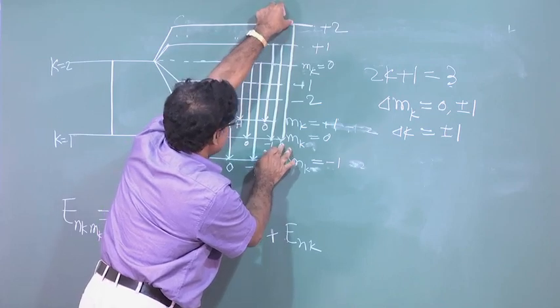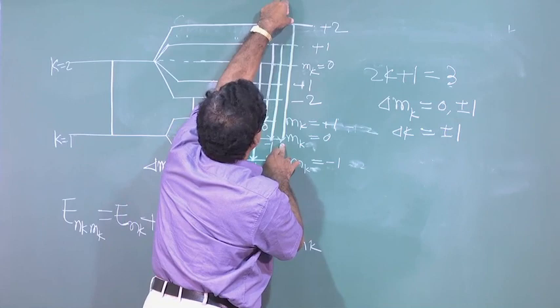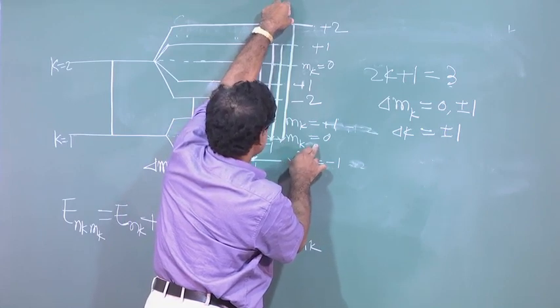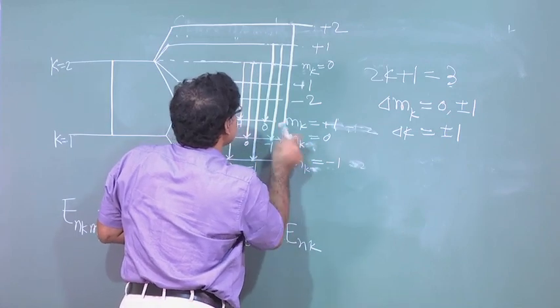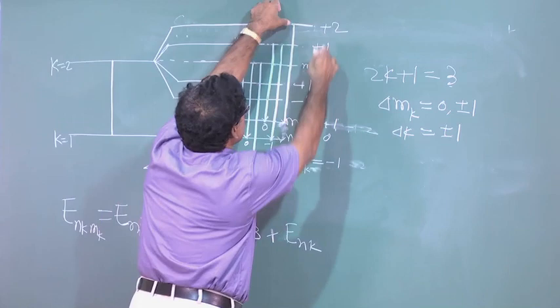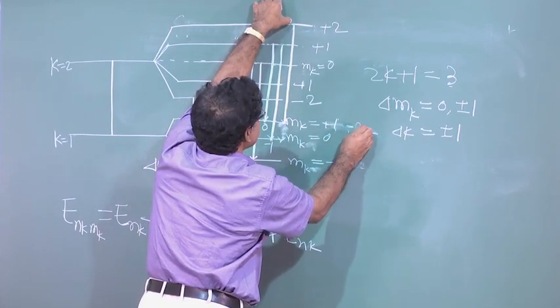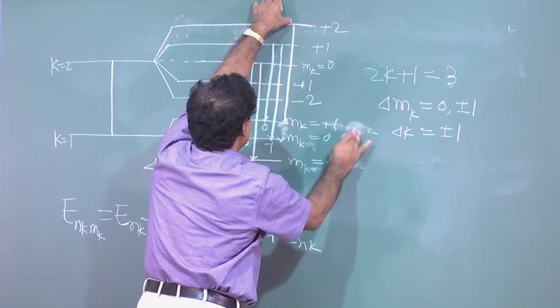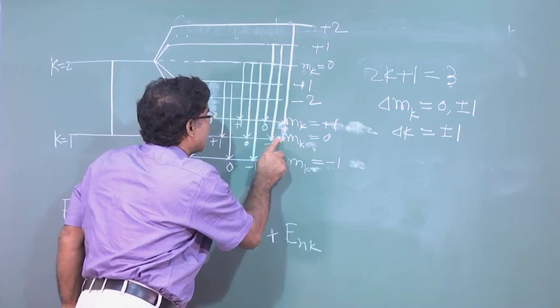And for this one, I have done it wrongly, it is not this one, it has to be here. So, plus 2 to plus 1, so minus 2, so it is minus 1.